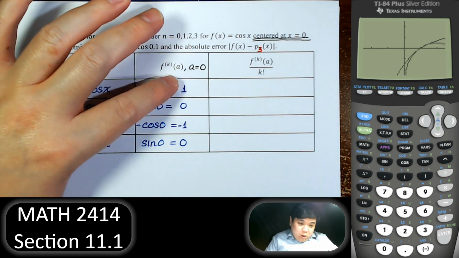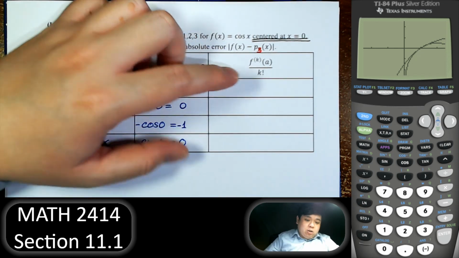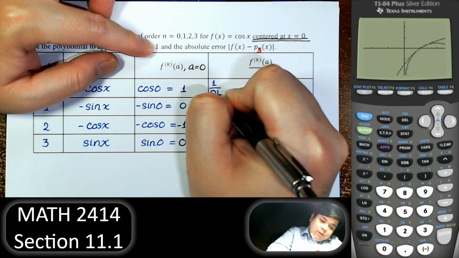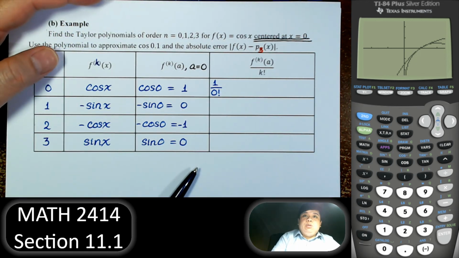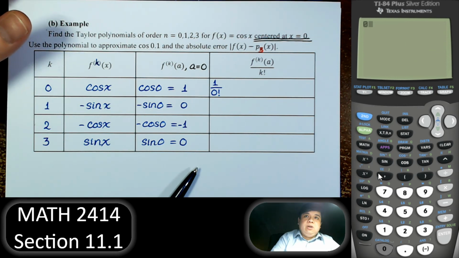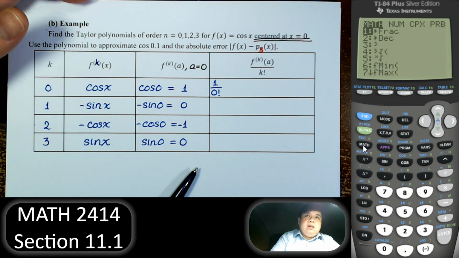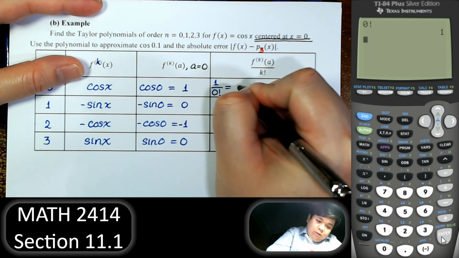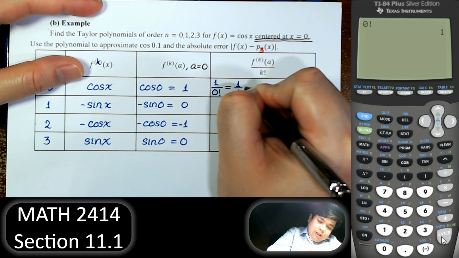Next, we're going to take whatever we have here and divide by k factorial. So we have 1 over 0 factorial. By the way, 0 factorial by definition is equal to 1. Or if we want, on the calculator hit math, go to the probability tab, option number 4, this one. So 1 over 1 is 1.